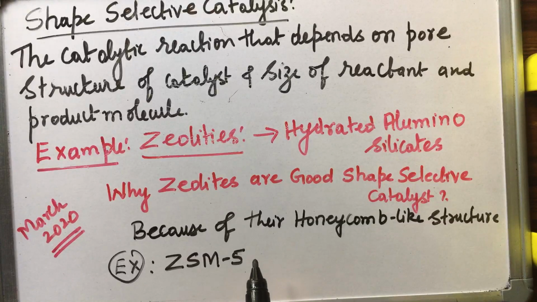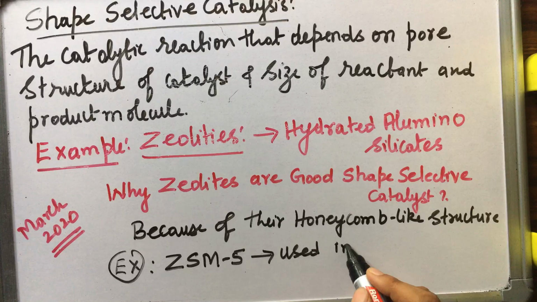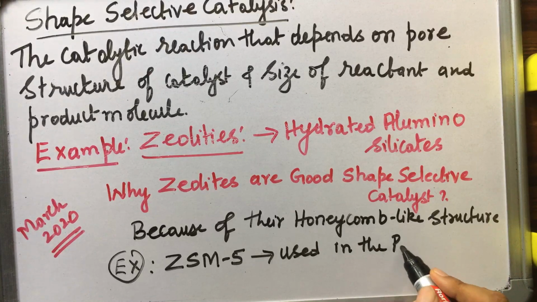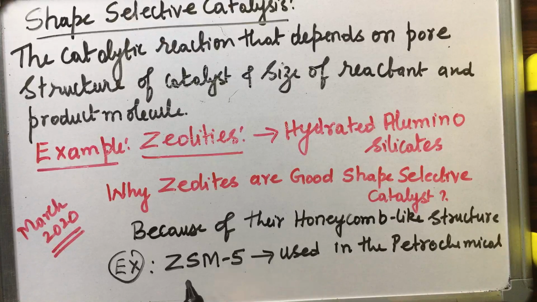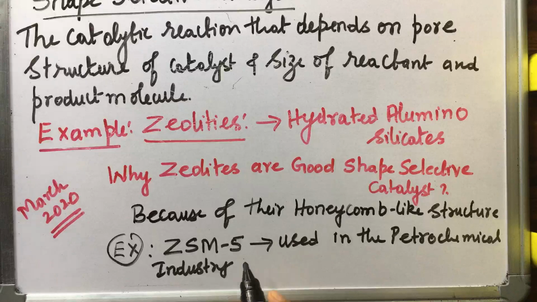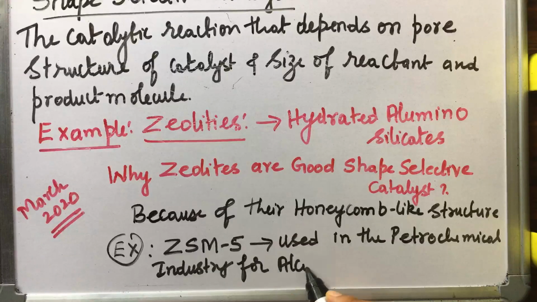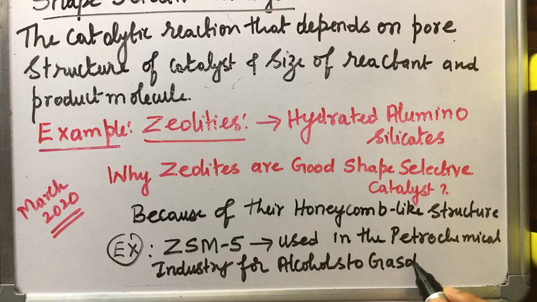ZSM5 is a good shape selective catalyst, that is a zeolite, used in the petrochemical industry for cracking, and for the conversion of alcohols to gasoline directly.